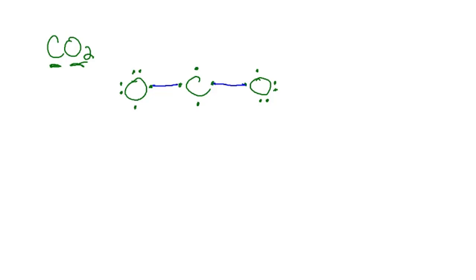And now we have this bond right here between carbon and oxygen. We have this bond on the left between carbon and oxygen. But look, oxygen still has a free one over here, and carbon still has a free one over here. Now these slide down into the middle, in between the 2 elements.